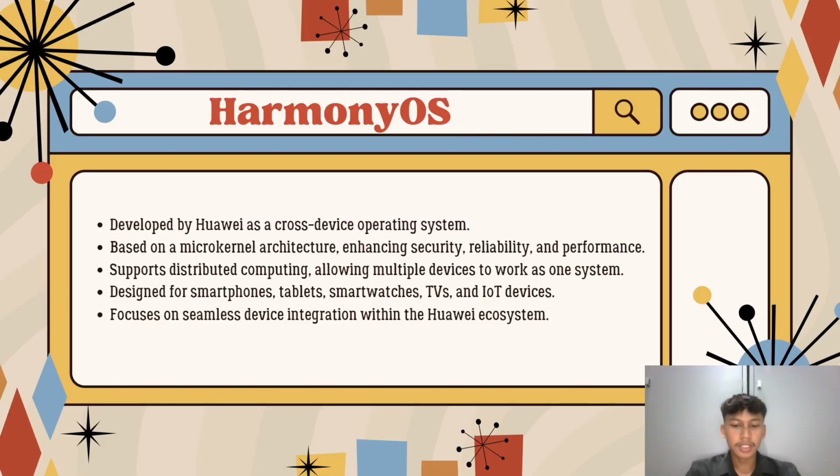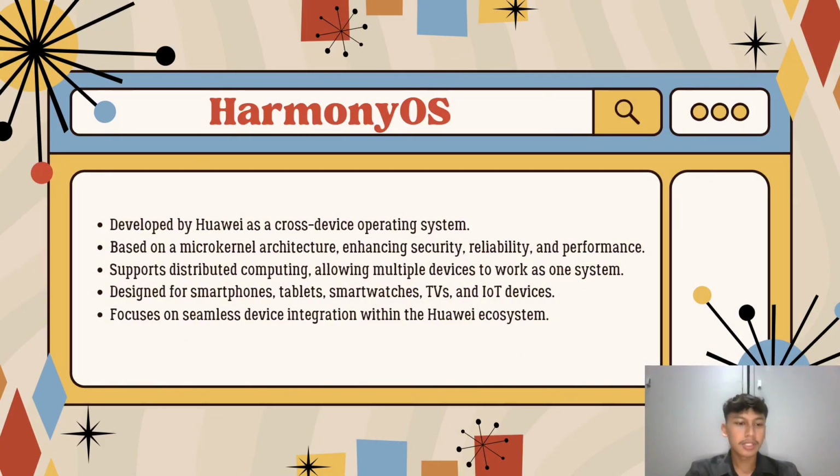This results in better security, improved reliability, and also higher efficiency. If one part of the system crashes, it won't affect the entire operating system, making HarmonyOS more stable and secure compared to the traditional monolithic system.